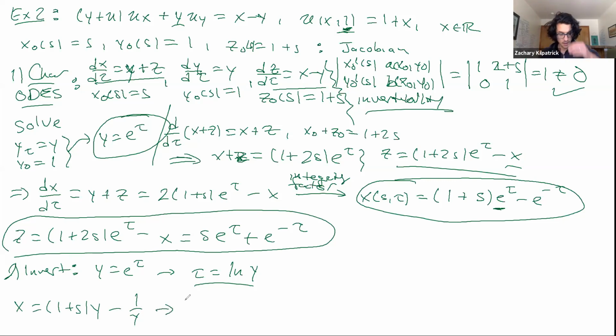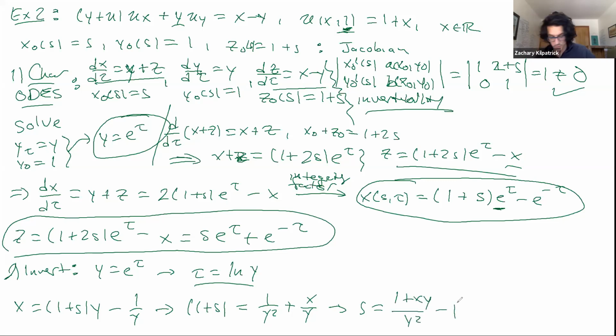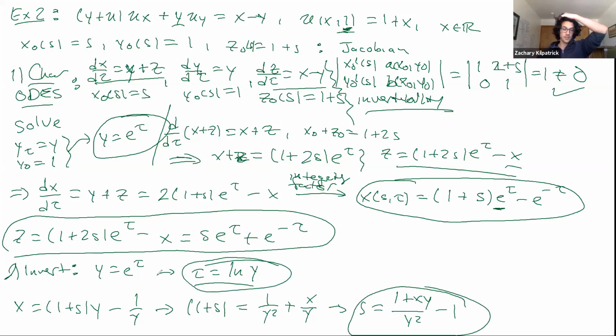So if I rearrange things now, if I add that 1 over y to the other side and divide through by y, I can rewrite this as 1 plus s is equal to 1 over y squared plus x over y, okay? I'm almost there. So then I get s equals 1 plus xy over y squared minus 1, okay? Just a bit of algebra involved. But now I have s in terms of x and y, tau in terms of x and y.